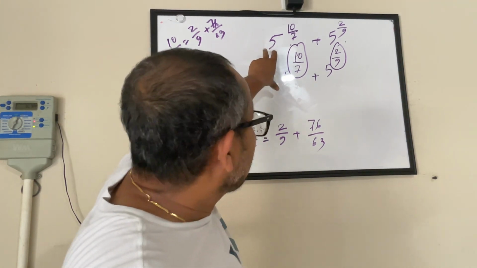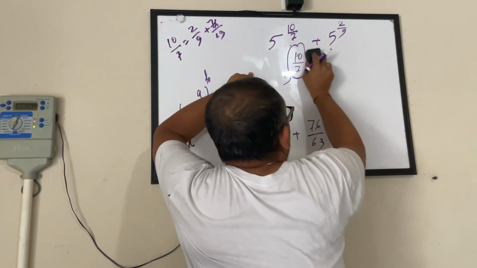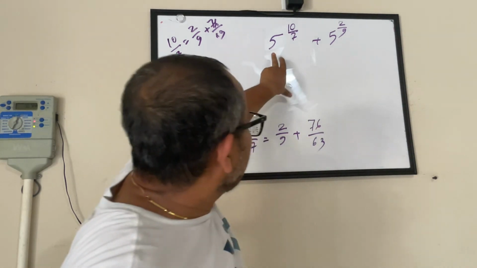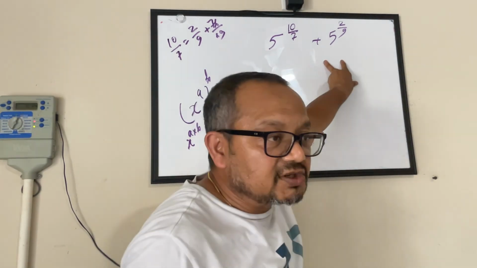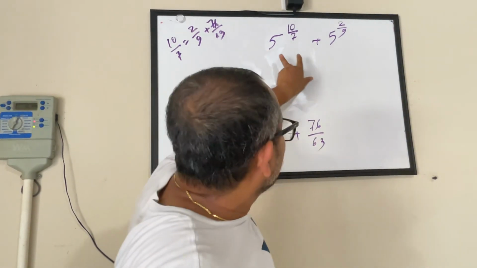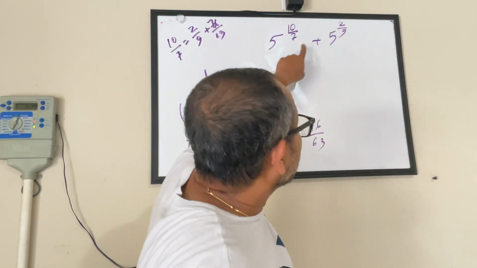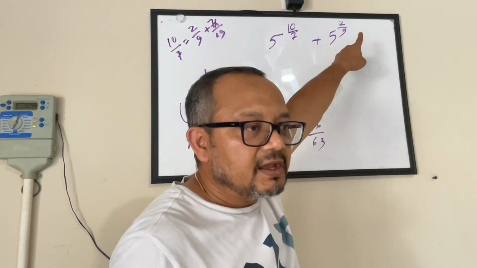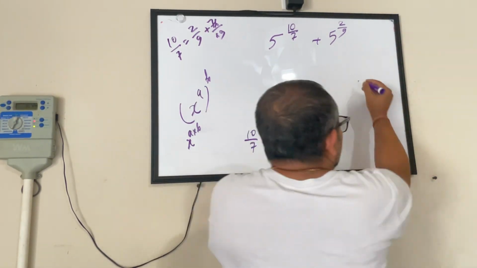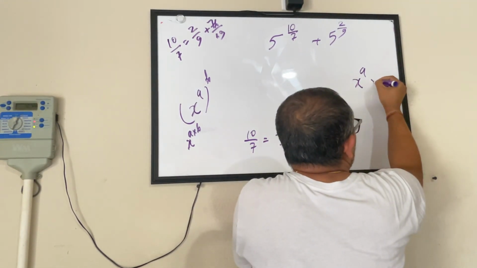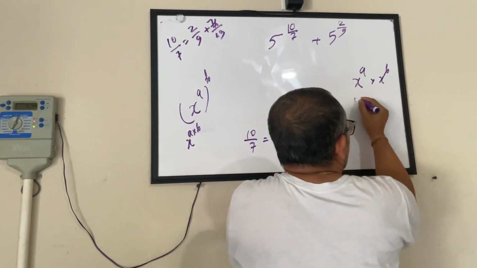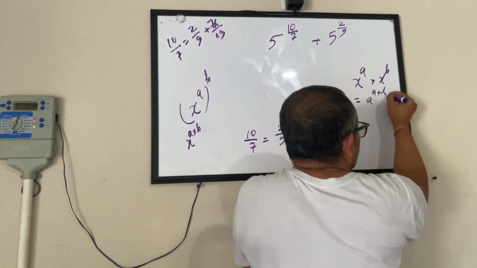Here's the thing. What am I trying to do? We are trying to add these two numbers, where my base is the same but my exponents are different. And we know that x to the power a into x to the power b equals x to the power a plus b.